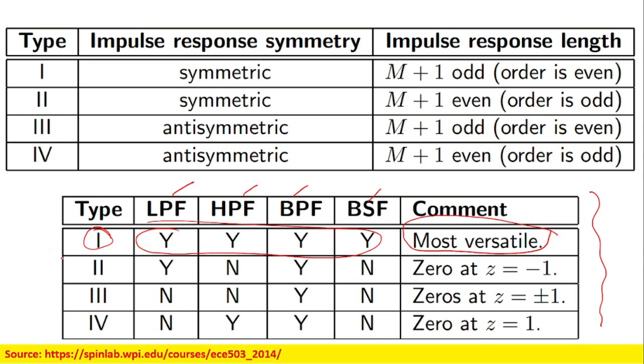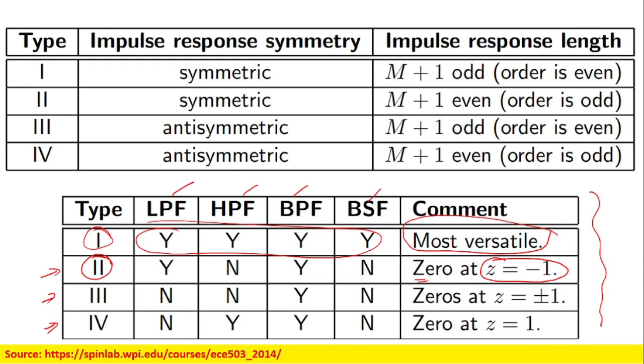When we try to design type 2, type 3, type 4 filters, what is happening over here? In type 2 filters, when you try to design, there would be a 0 at z equals minus 1. When you have a 0 at minus 1, that means it is suppressing your highest frequency components.